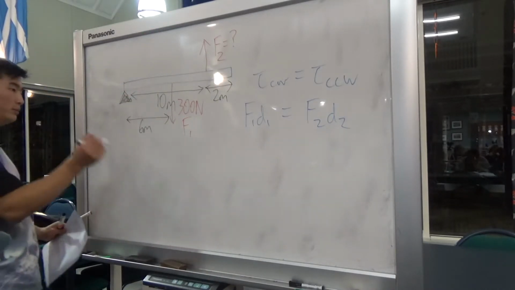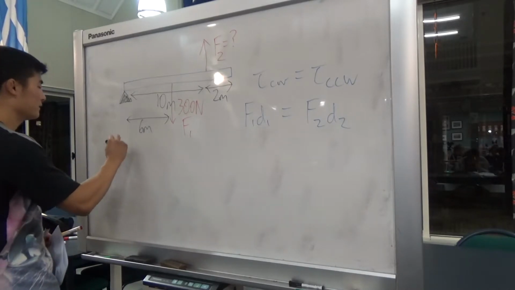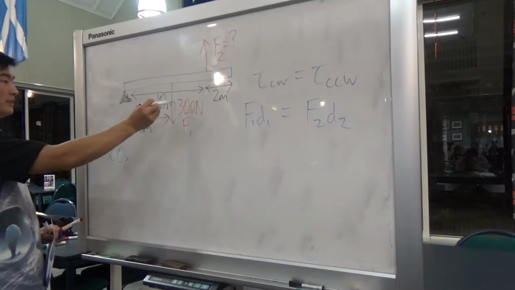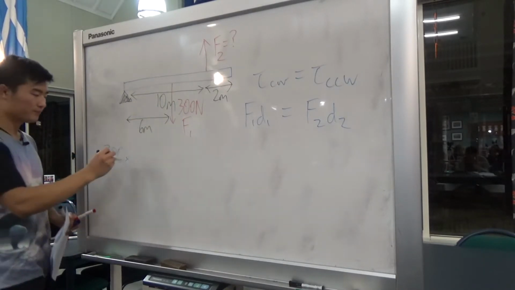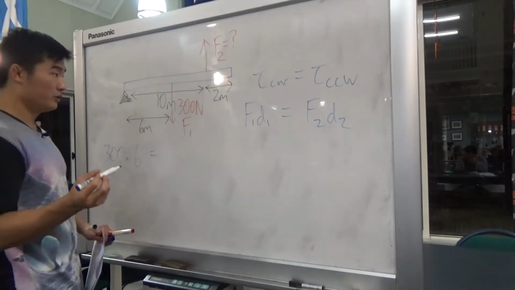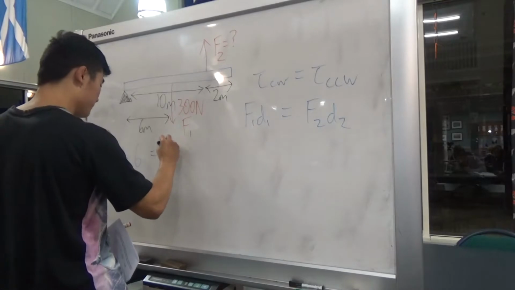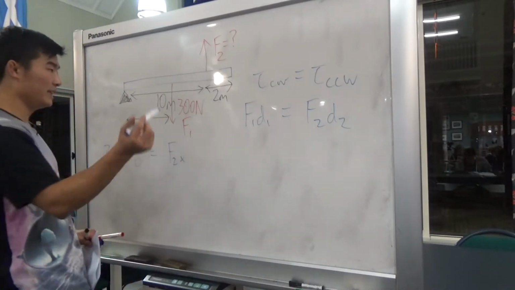So we're just going to put our numbers in. So force 1 is 300, times the distance, which is, this force here is 6 meters. That's equal to force 2, which we don't know. Force 2 times the distance, which is 10 meters.